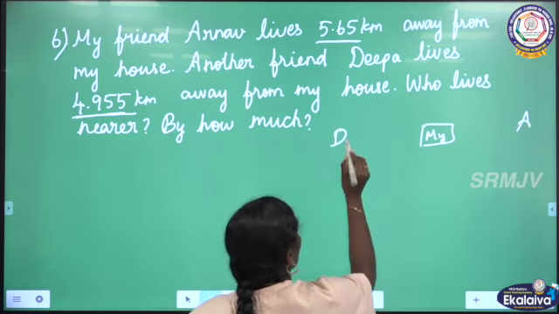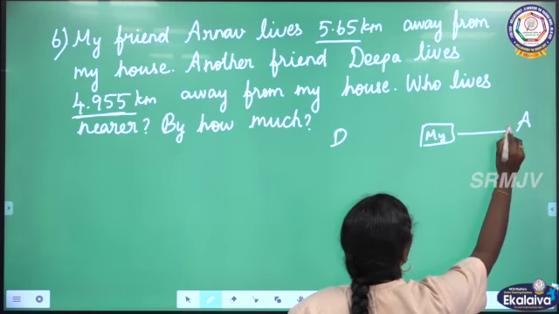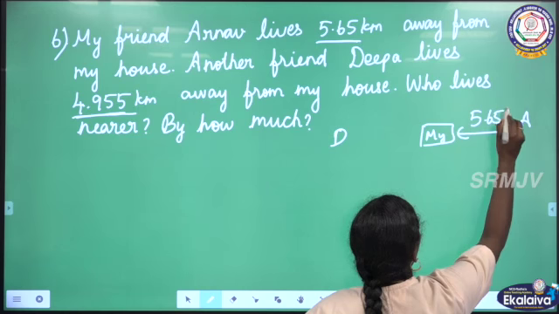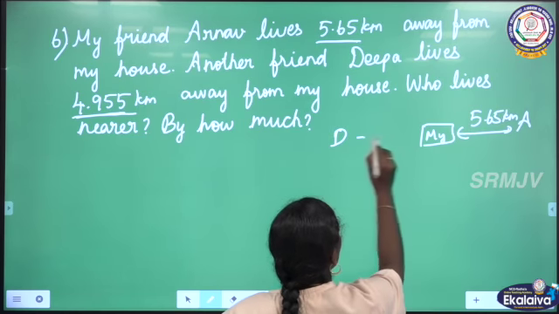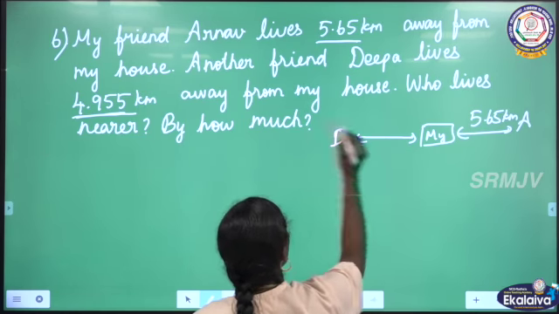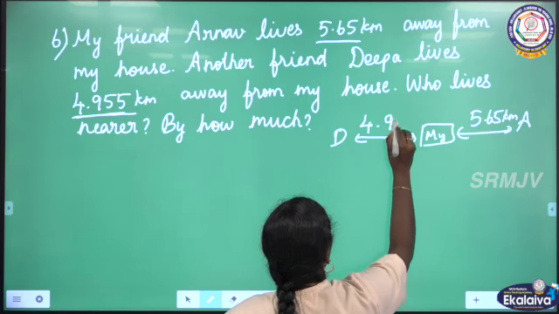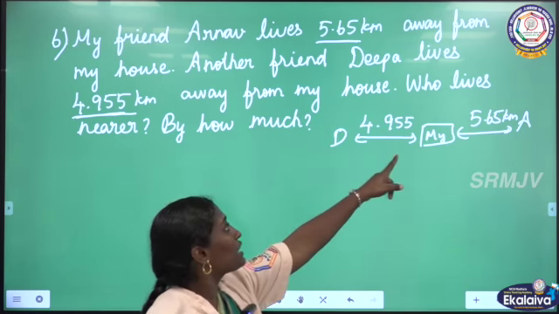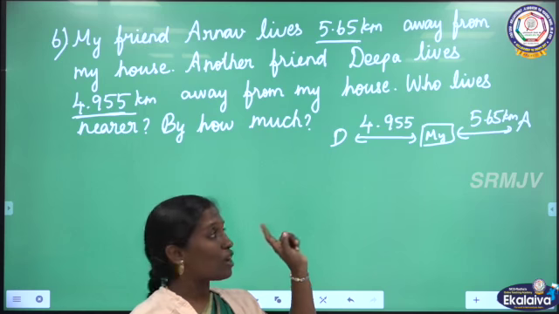Here Deepa. Here the distance between my house and Arnav's house is 5.65 km. Here the distance from my house and Deepa's house is 4.955.